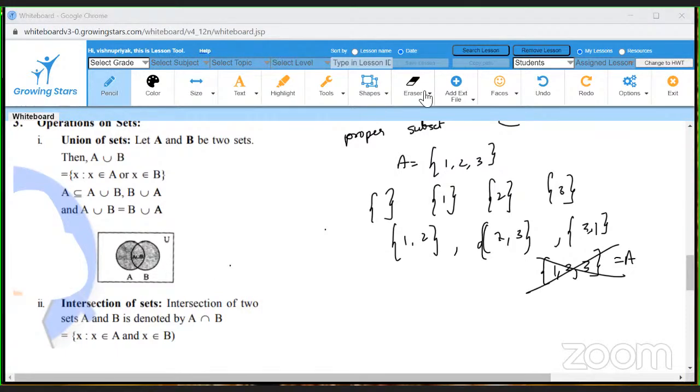Now, like with numbers, we do addition, subtraction, multiplication, division, and all. Like that, with sets also, we can do a few things. They are called operations, but they are not addition, subtraction. Okay, Kumar also said yes, he understood. So remember the difference between proper subset and subset, you must remember.